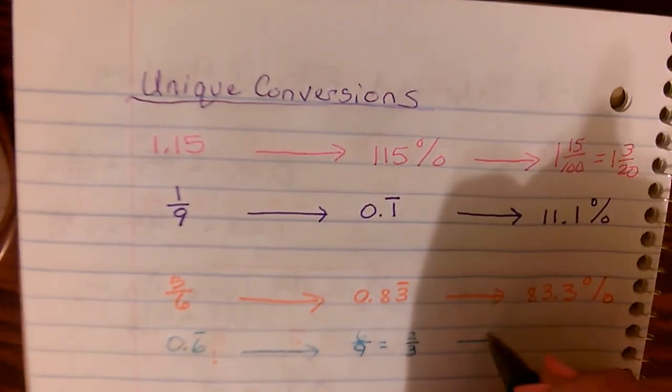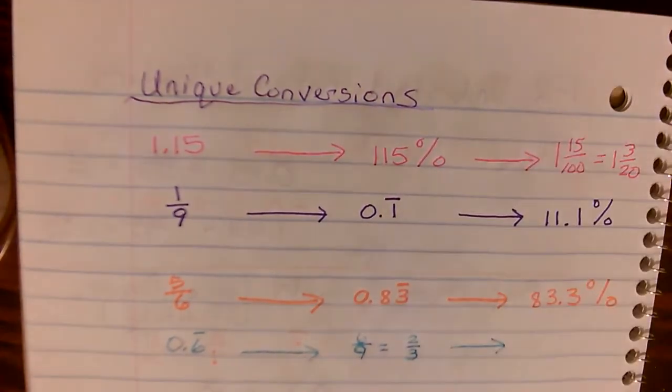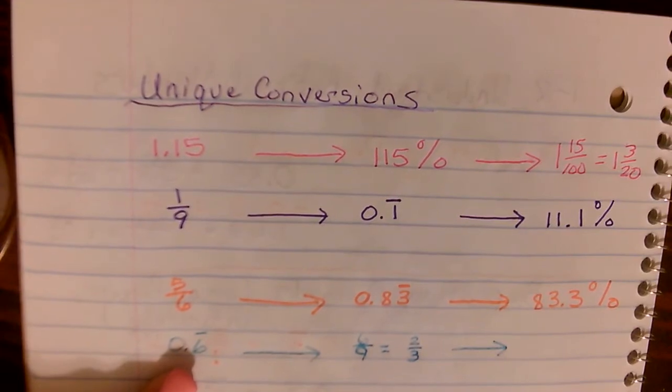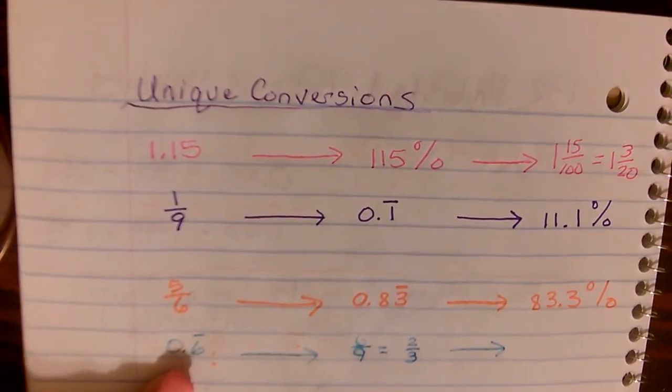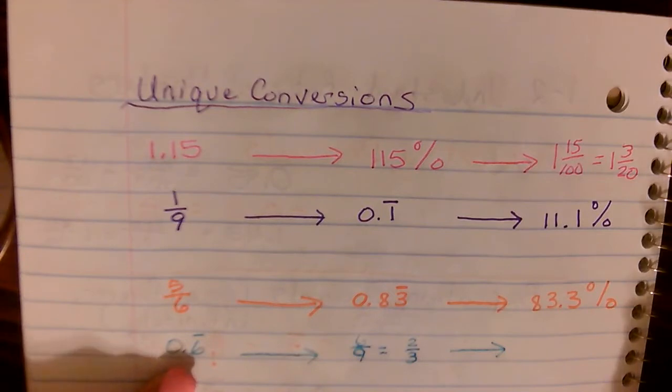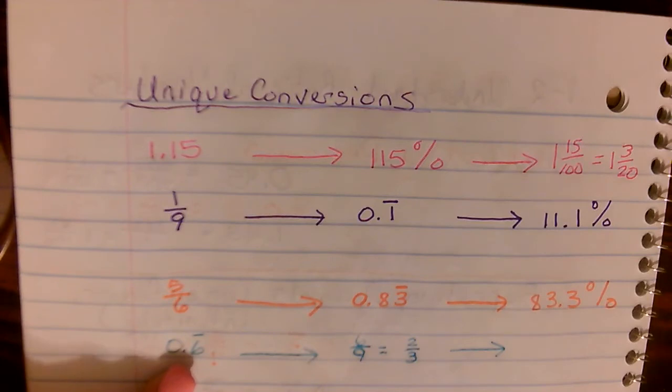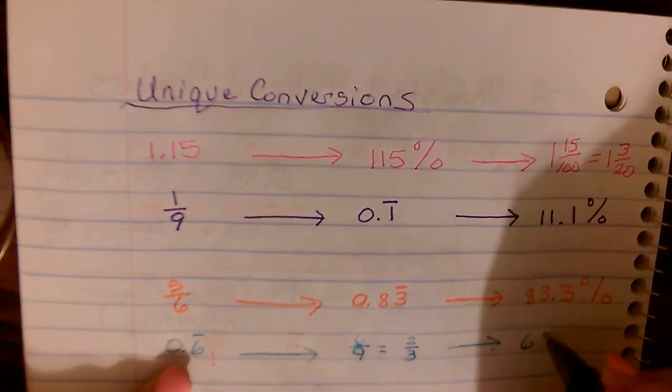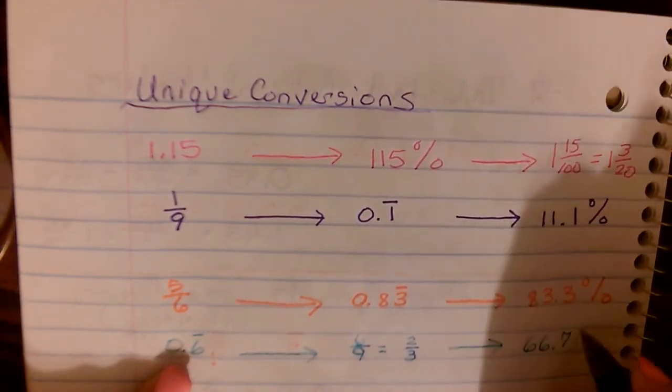As a percent, well, the 6 is repeating, and you usually round your decimals to the tenths place for this, unless asked otherwise, and you would get 66.6 repeating, or rounding, 66.7%.